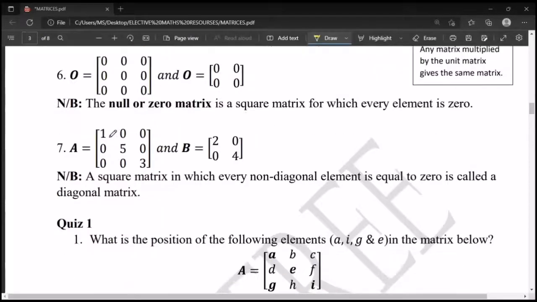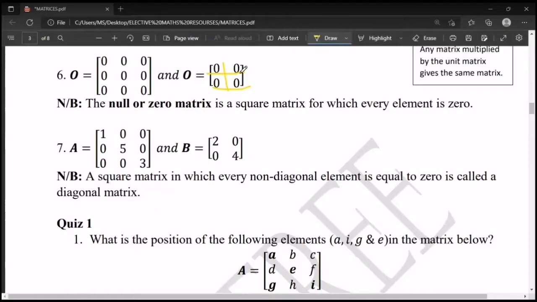Let's go to type 6. Looking at this matrix here, we have all the elements to be 0, 0. This is 3 by 3 and this is 2 by 2 because this has 2 rows and 2 columns.